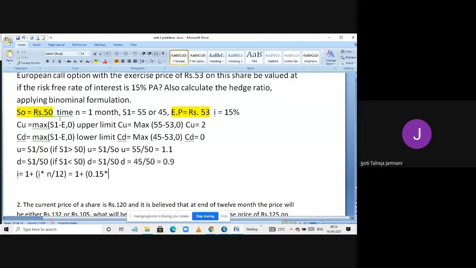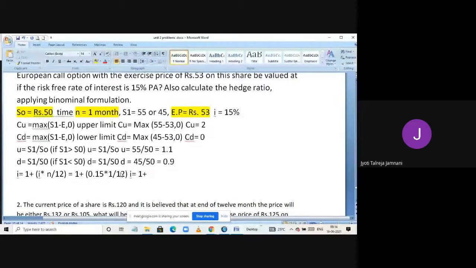N is 1 month. Here they have told us the time is 1 month. So 1 divided by 12. If you solve it further, I is equal to 1 plus 0.15 into 1 by 12.